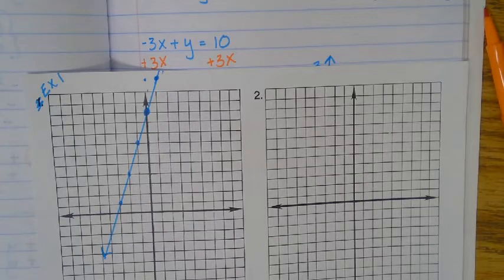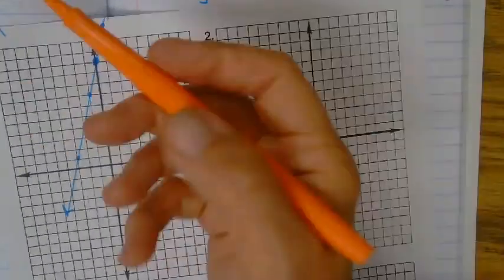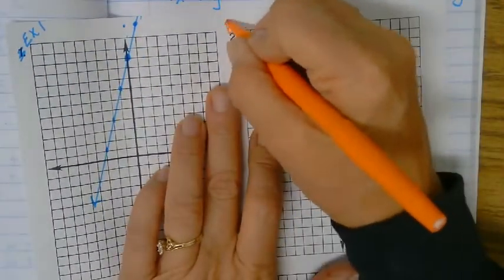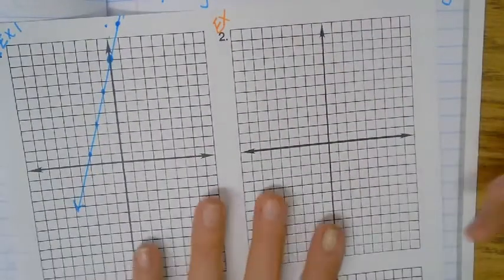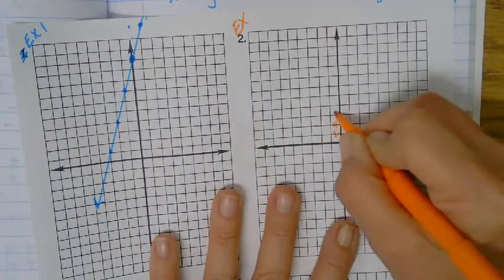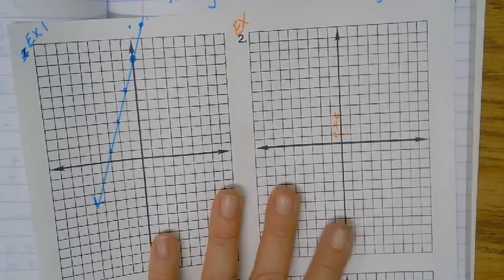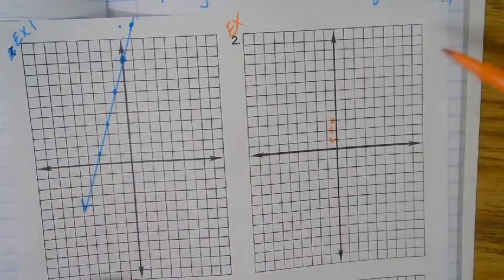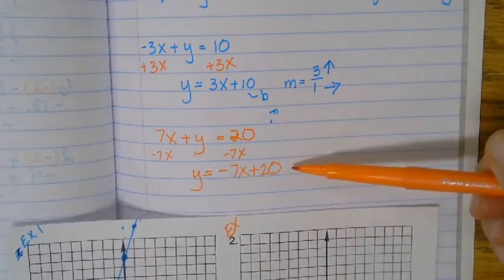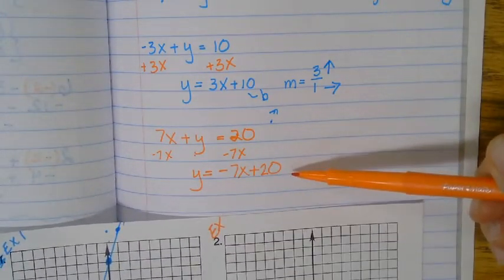Go count by twos. Okay? So you're saying we're going to redo this, and we're going to count these 2, 4, 6, and so on. So let's go with the orange one first. So y equals negative 7x plus 20.